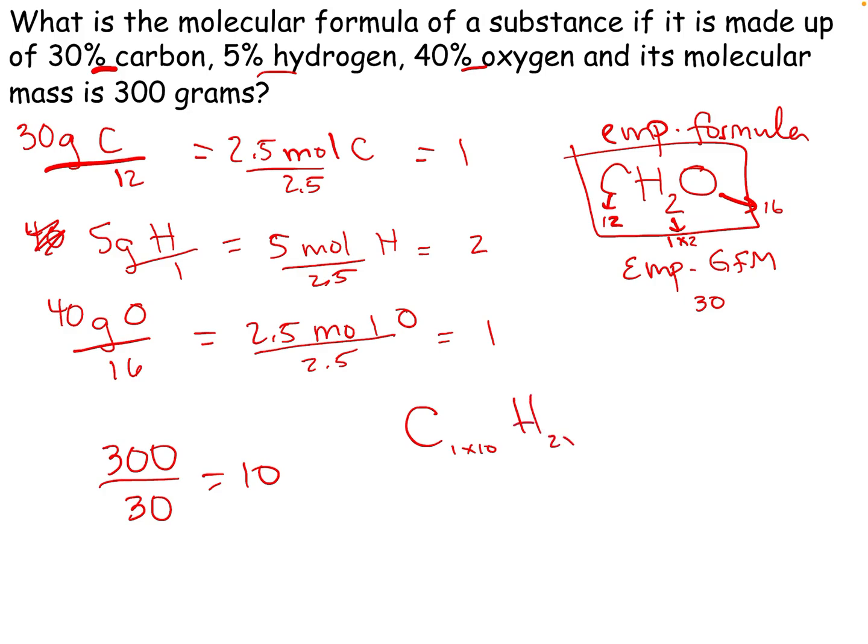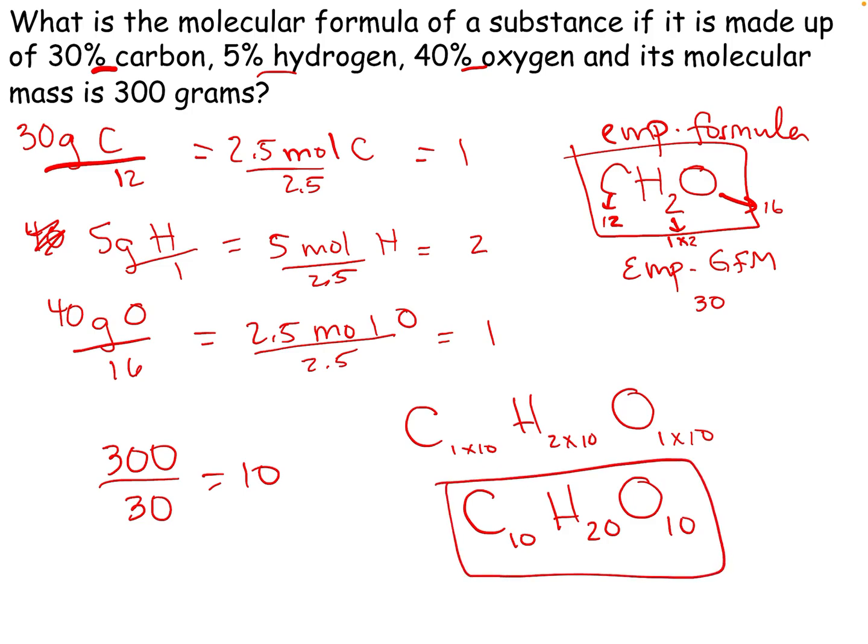H is going to be a 2 times 10. And O is going to be a 1 times 10. So then my final molecular formula is C10H20O10. And that is my molecular formula.